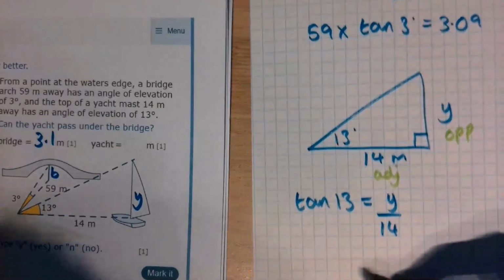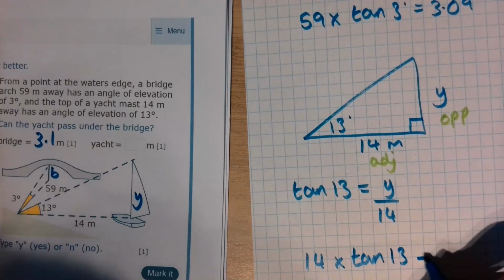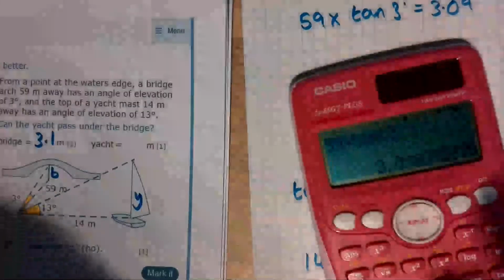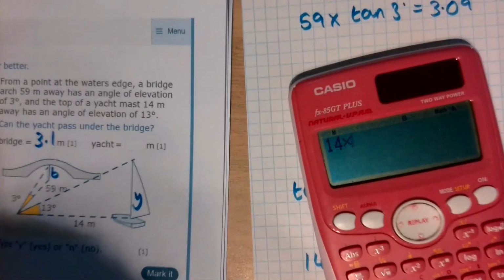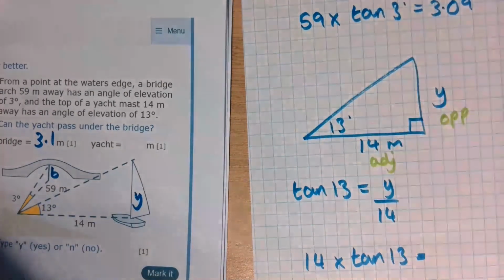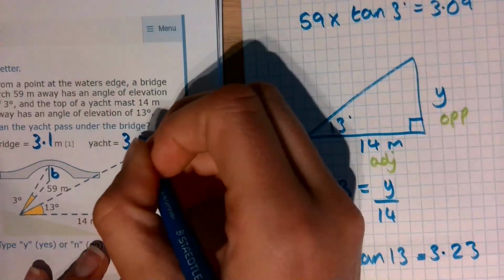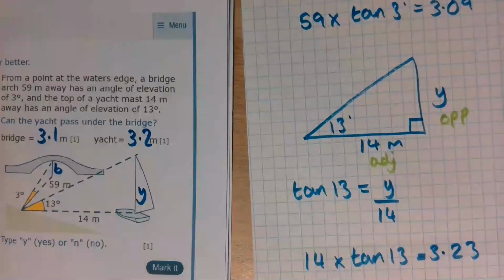Y is on the top, so we're going to times 14 times tan 13. Put that into a calculator. And it gives me 3.23. Only wants one decimal place. 3.2. Will that yacht pass under that bridge?